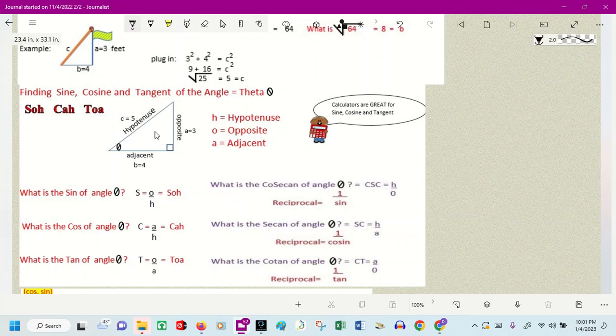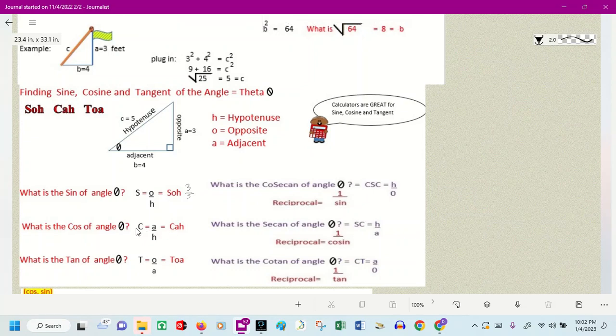You must know which angle you're speaking of so you can properly give the sine, cosine, and tangent of an angle. Okay? So this is the angle theta that we're speaking of in this equation. And the sine for this angle theta is opposite over hypotenuse. What is that? We see opposite is 3, and hypotenuse is 5.